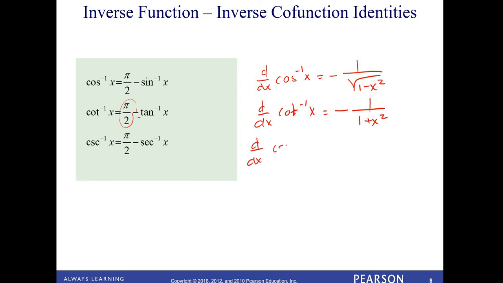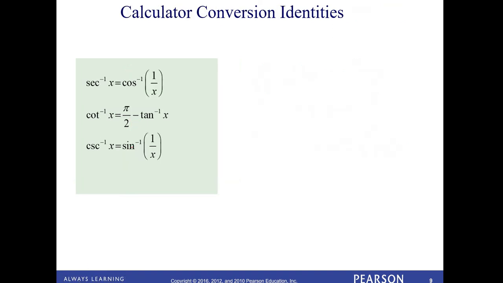And d dx of cosecant inverse x will be the negative of our secant function, which looks like that. So knowing that these are a shift of pi over 2 units will allow us to remember which one goes with which. Calculator conversions, write these down because these are good to know if you need to do an inverse function in your calculator. We're not going to be using that a whole lot.